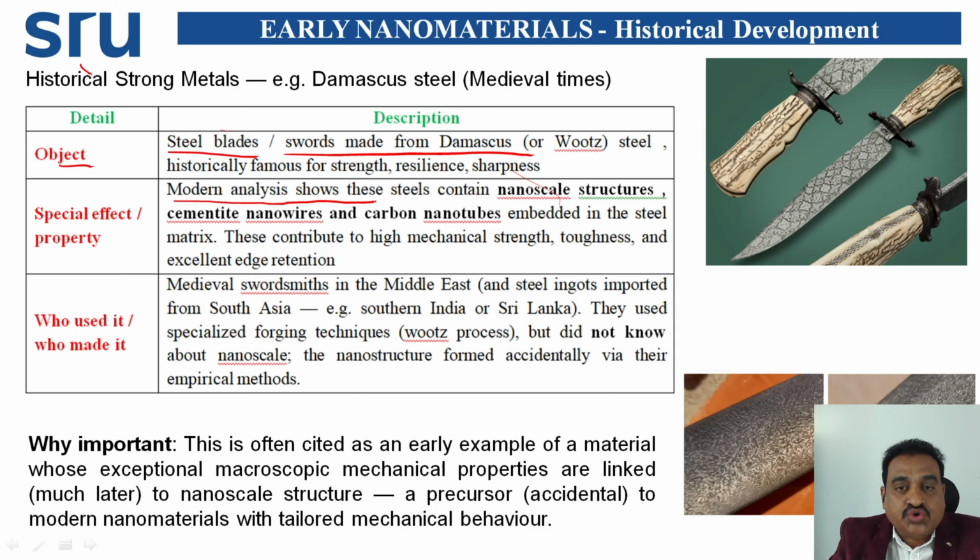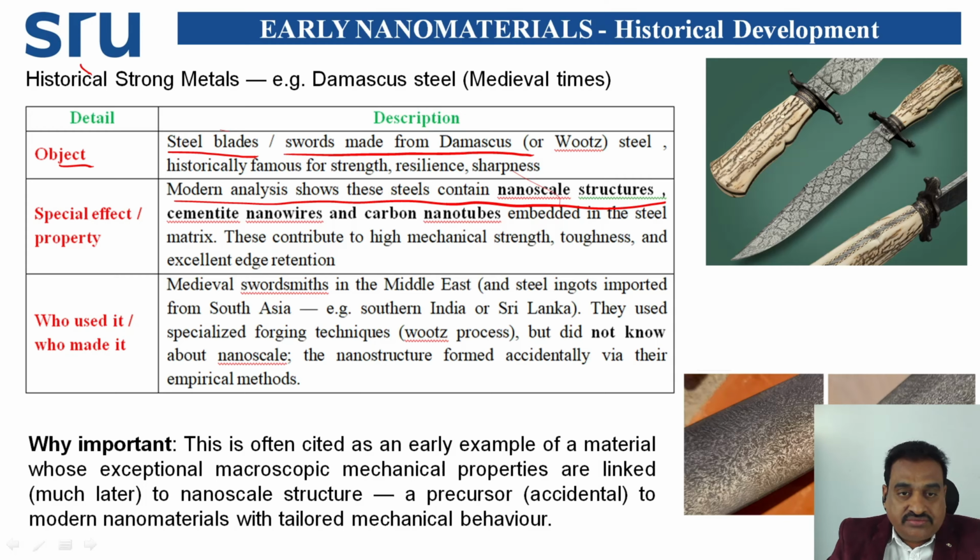Modern analysis shows these steels contain nanoscale structures, cementite nanowires and carbon nanotubes embedded in the steel matrix. These contribute to high mechanical strength, toughness, and excellent edge retention.